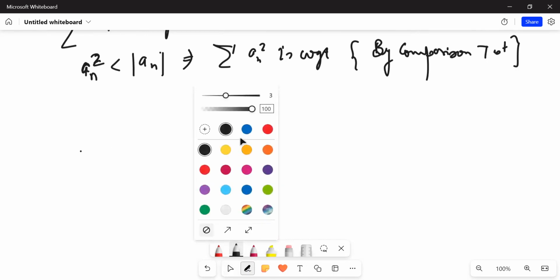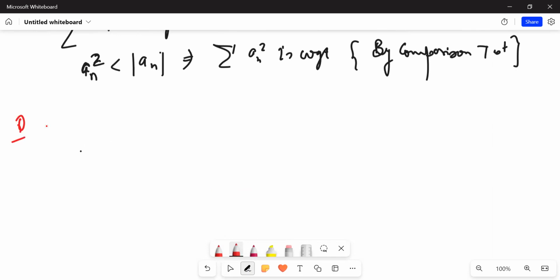A little bit I'll change the question. Now see, if summation an converges, then what can be said about the following?